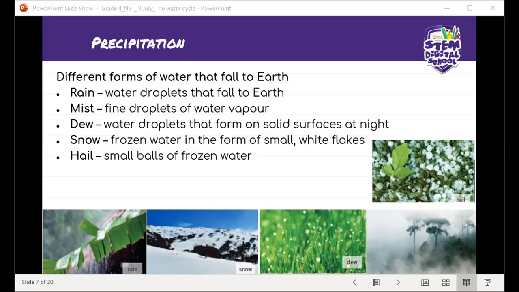The importance of water. Water is a very important substance. We need water to cook, clean, drink, and to grow food. Most of the water in the world is found in the oceans.